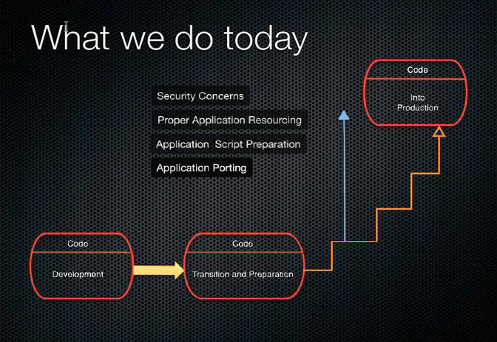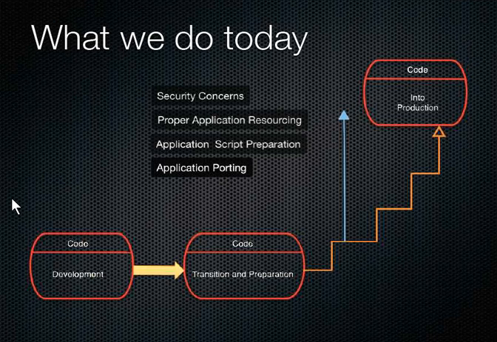So what we do today is we take the code from development, and then there's a transitionary period where the code is prepped, things are wrapped around the code and it's made ready for production. Once the code enters production, there are certain requirements that code needs to adhere to.